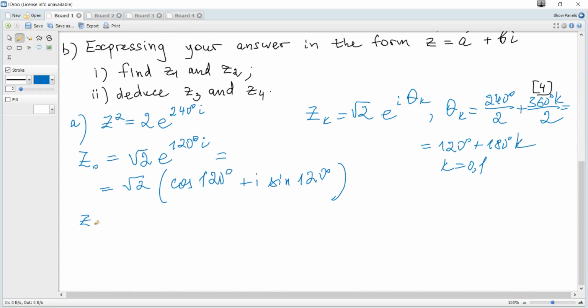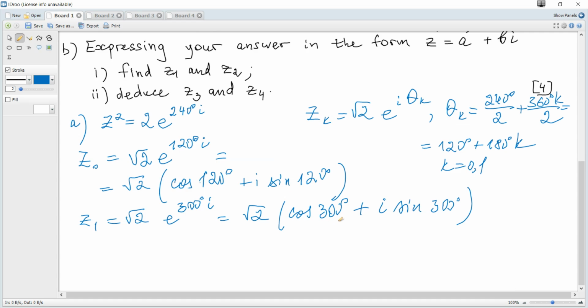And the next, Z1 is square root of 2 e to the power of, when k is 1, 300 degrees i, which is square root of 2 times cosine of 300 plus i sine of 300 degrees. You may add or subtract any number of full revolutions, 360 or 2 pi.